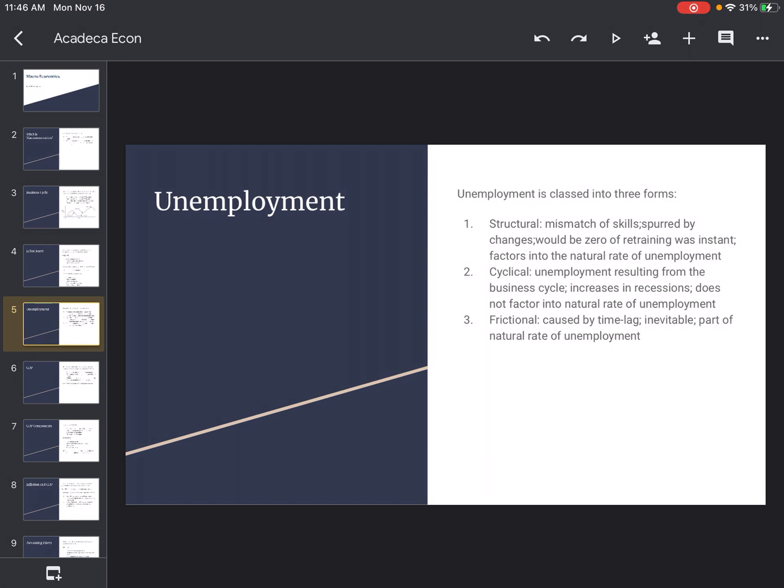It increases in recessions, and it does not factor into the natural rate of unemployment. And then frictional, which is caused by time lag between jobs, say like you're looking for work or you're changing locations or whatnot. Frictional unemployment is inevitable and part of the natural rate of unemployment.